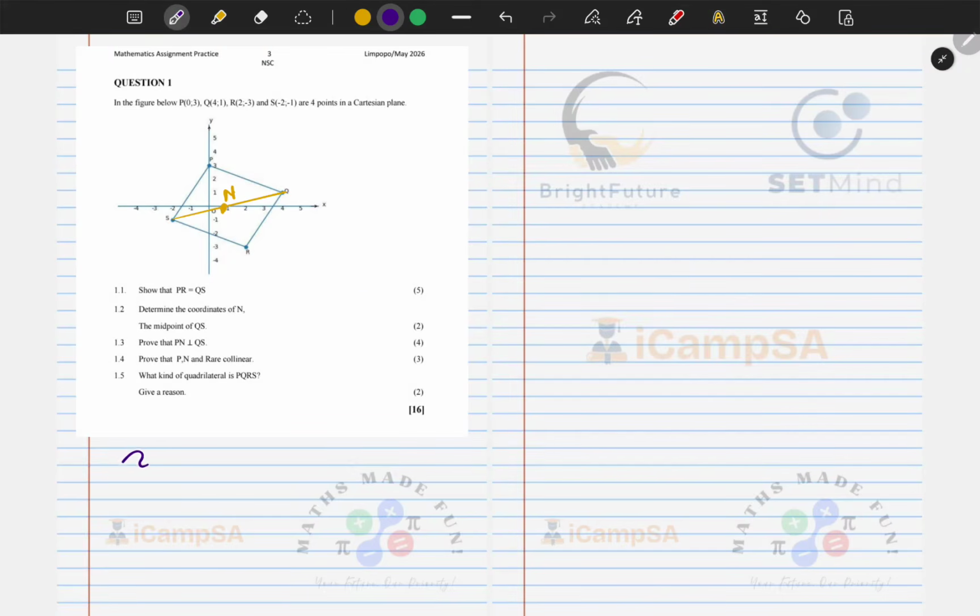In order for us to do that, we are going to use the midpoint formula or the midpoint theorem. The midpoint formula is usually given by x1 plus x2 all over 2, and y1 plus y2 all over 2.